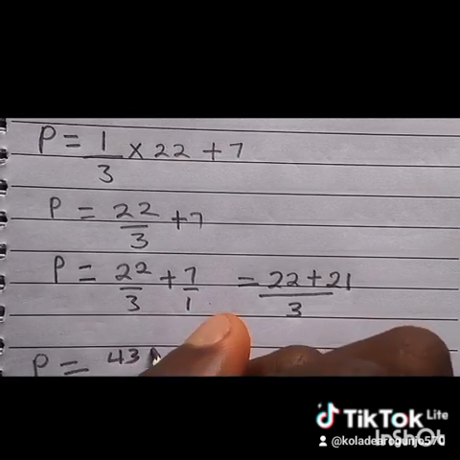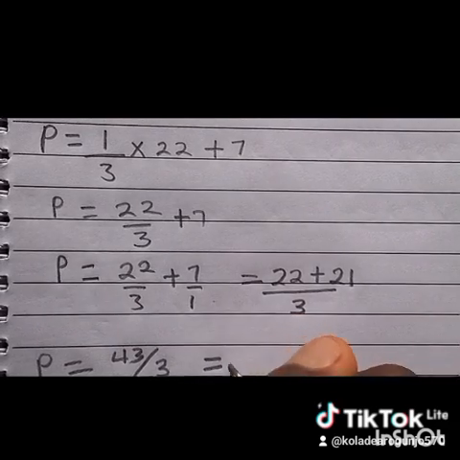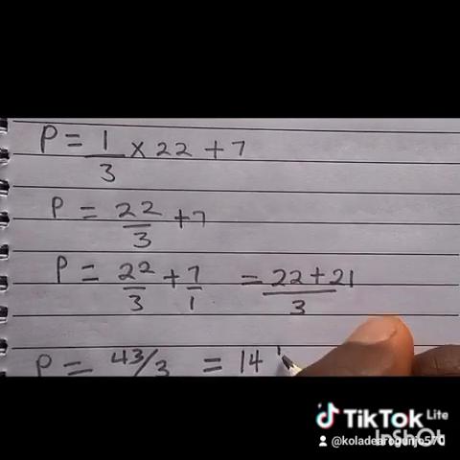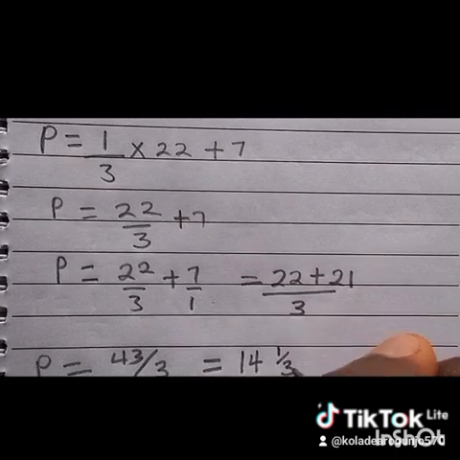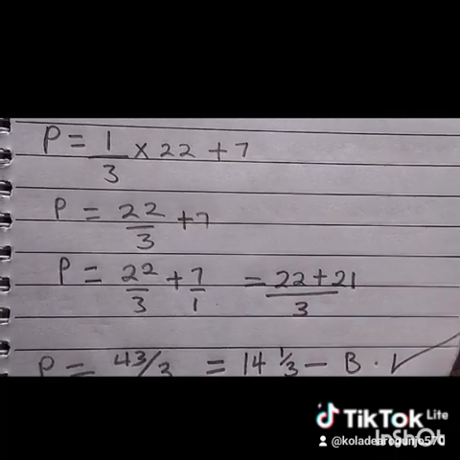That was how I got it. So the addition of both would give us 43 over 3. When we simplify to a mixed fraction, we have 14 as the whole number and 1/3 as the fraction. That would give us option B, which is our correct answer.